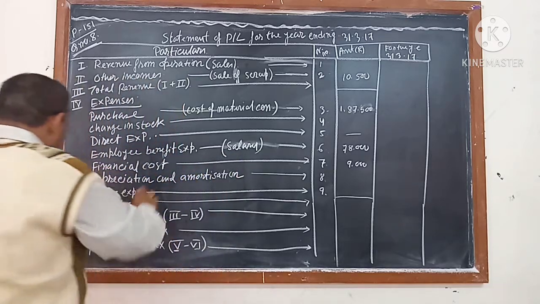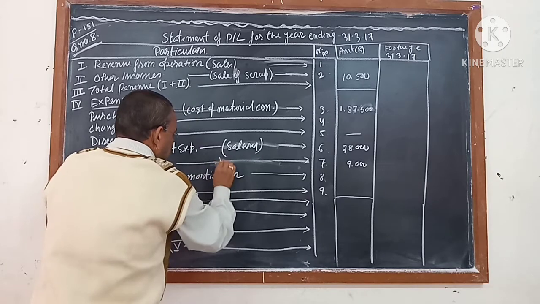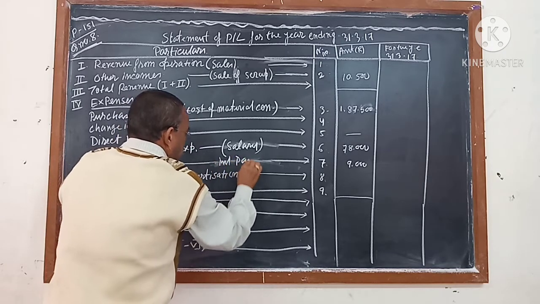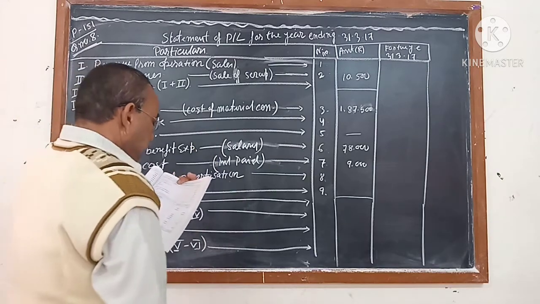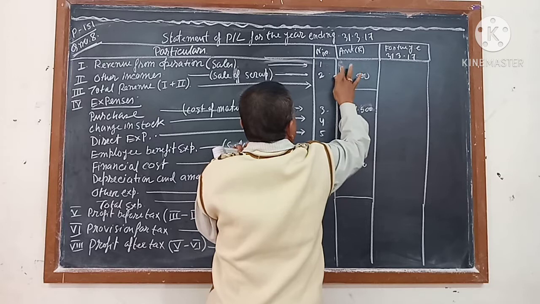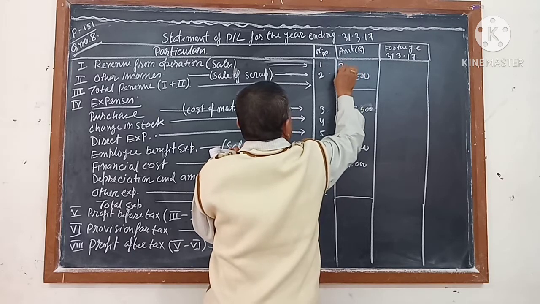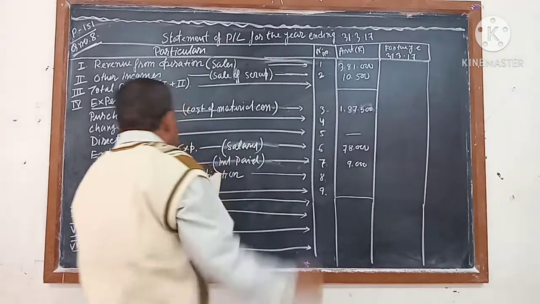Financial cost, what is given? Interest paid. Here it is interest paid. Sales is 3,81,000, already it is written.